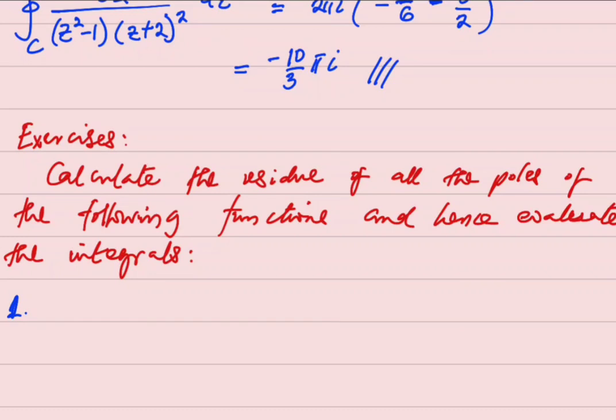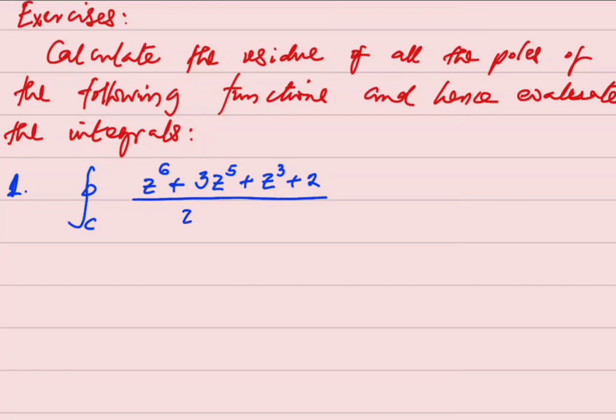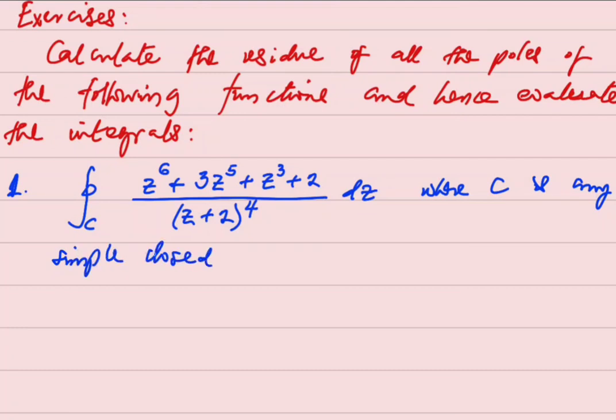So the first one is the integral over C of (z raised to power 6 plus 3z raised to power 5 plus z cube plus 2) divided by (z plus 2) raised to power 4 dz, where C is any simple closed curve enclosing z is equal to minus 2.